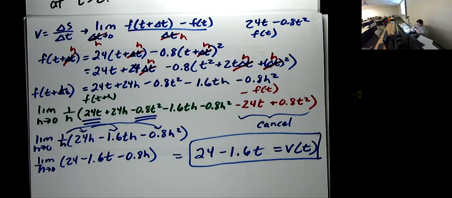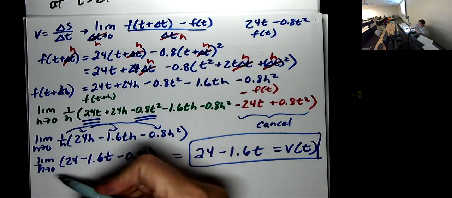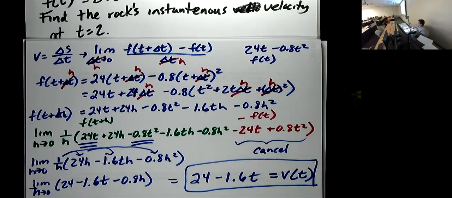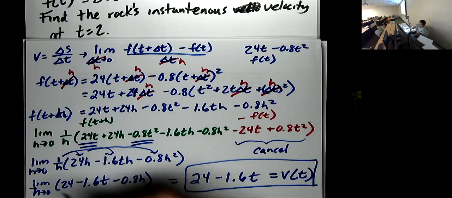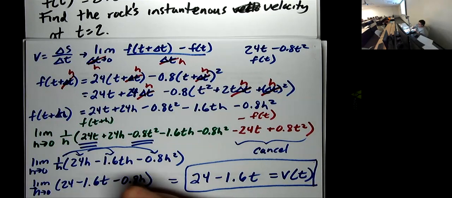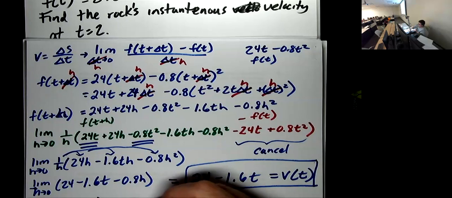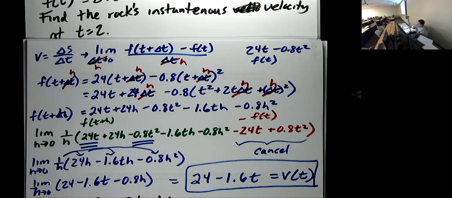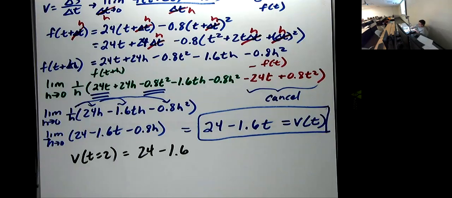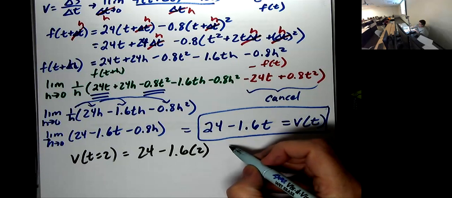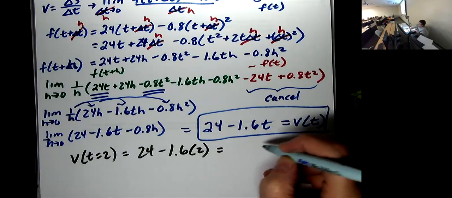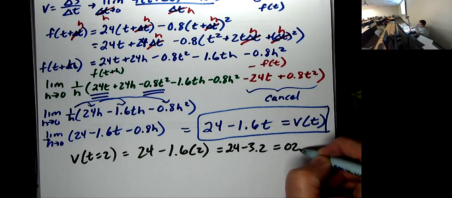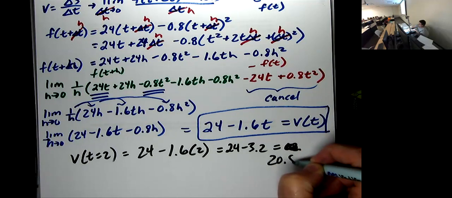So at t equals 2 seconds, what do we got? Because they asked, this isn't the final answer. It said, find the rock's instantaneous velocity at t equals 2. At t equals 2, I have 24 minus 1.6 times 2. This is 24 minus 3.2, which is 20.8.